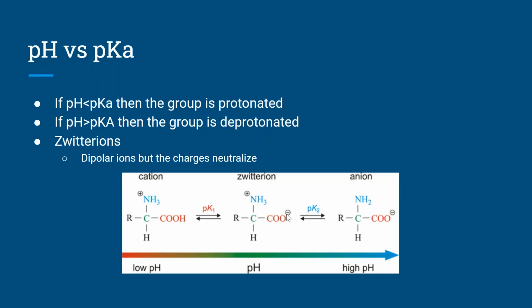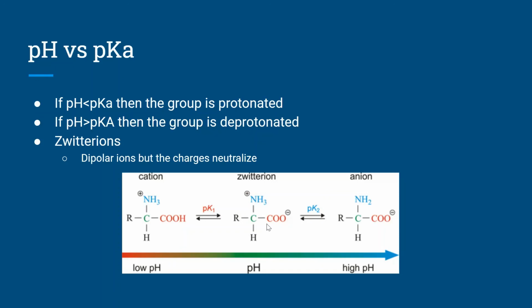So then in between the two pKa's, you can have a Zwitterion where the amino group is positively charged because it's protonated, while the carboxyl group is deprotonated and has a negative charge.